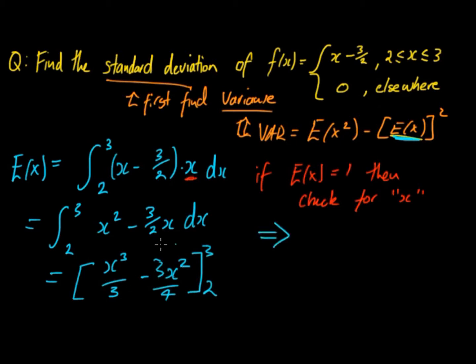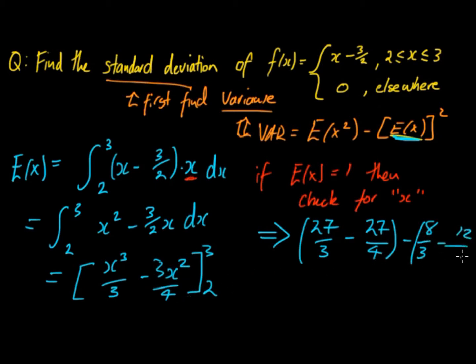Then we can sub those values in, and we get 27 on 3 minus 3, 27 again, because 3 squared is 9 times 3, 27 on 4, minus 8 on 3, minus 4 times 3 is negative 12, so 12 on 4. That is equal to 31 on 12. So we found E(X). Okay.